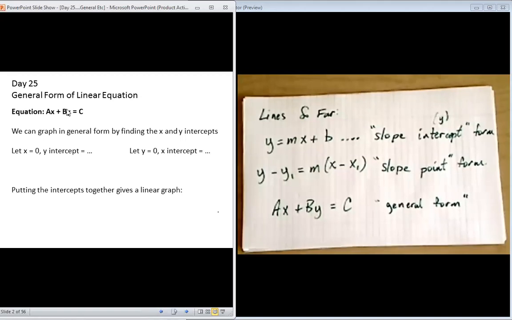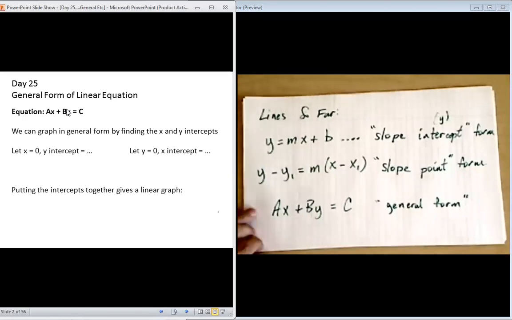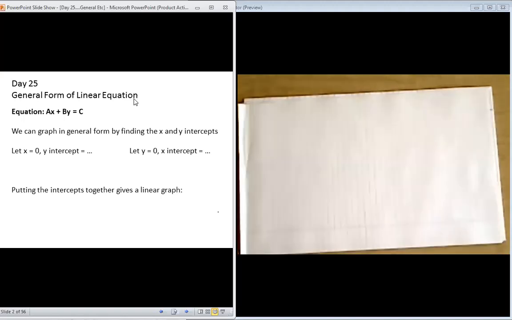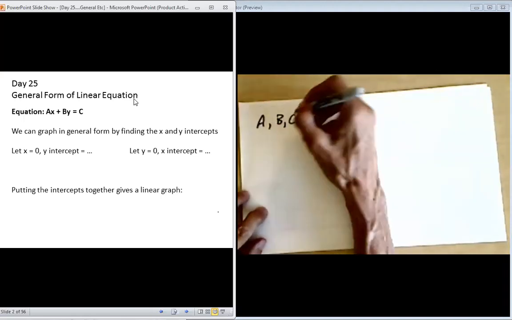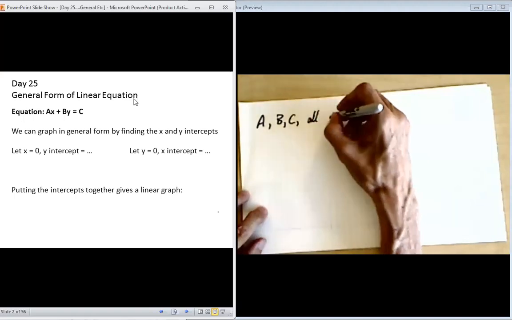All right, good people. So, as you can see, there it is right there. Ax plus By plus C. Now, there's something special about A and B and C. The special thing that we keep track of for this style is that A, B, and C are all going to be integers.